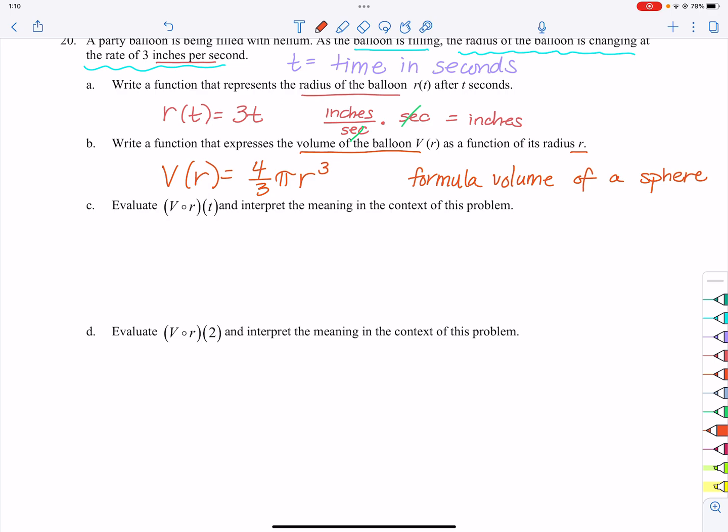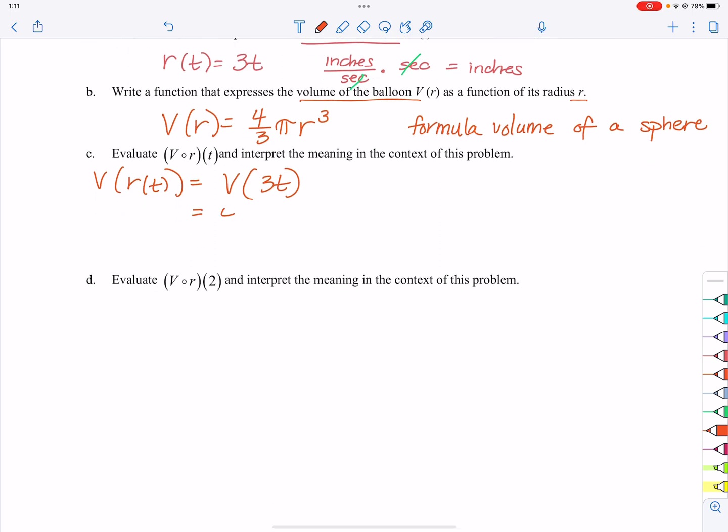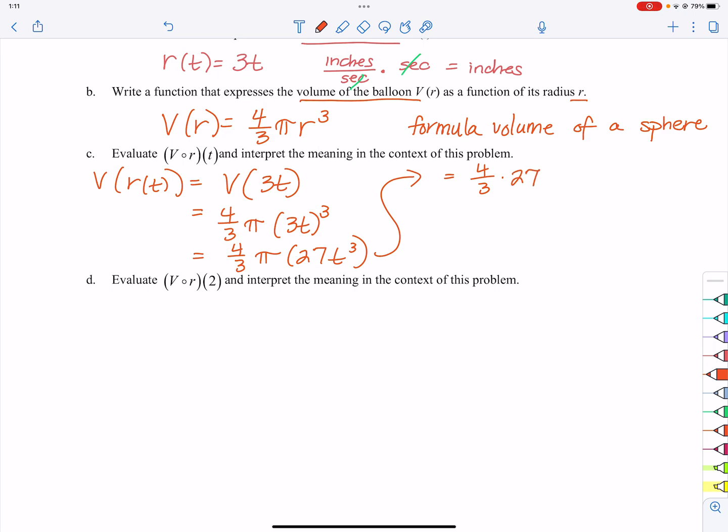So here we will have v of r of t, and that's v of 3t, and that's equal to 4/3 pi times 3t cubed, and that's equal to 4/3 pi times 27t cubed, and we have 4/3 times 27 times pi t cubed.